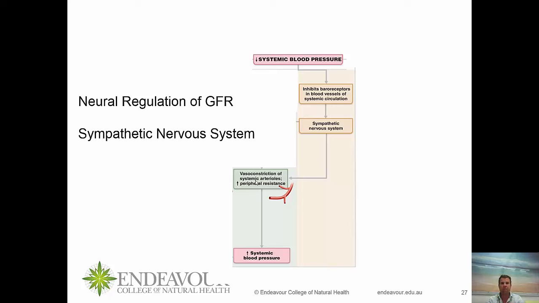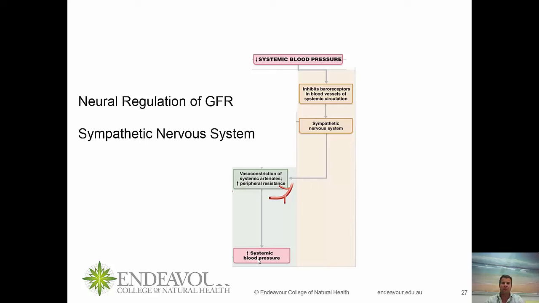Now remember, this is the difference between the hormonal and the neural regulation of GFR. This is changing GFR. Vasoconstriction of our systemic arterioles increases peripheral resistance, and it will reduce GFR. But it's reducing GFR so as to return blood pressure back to normal.